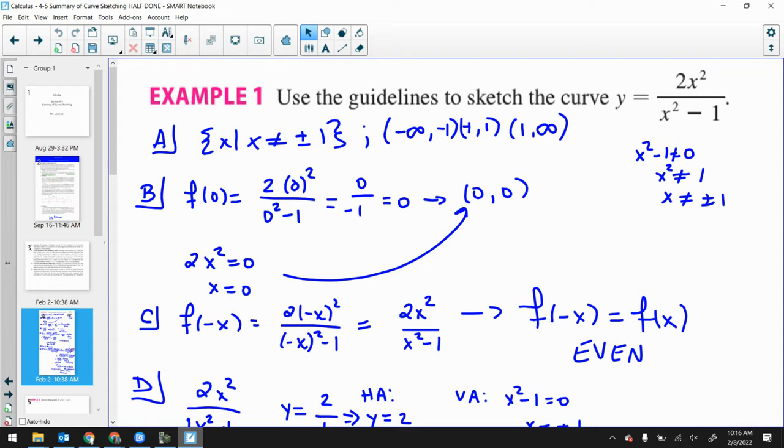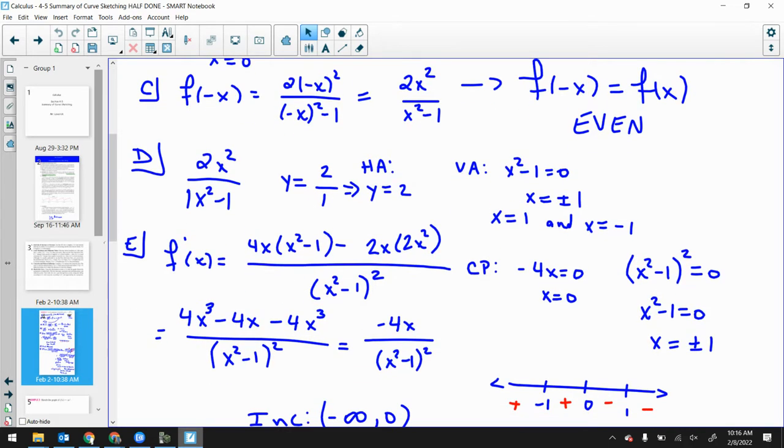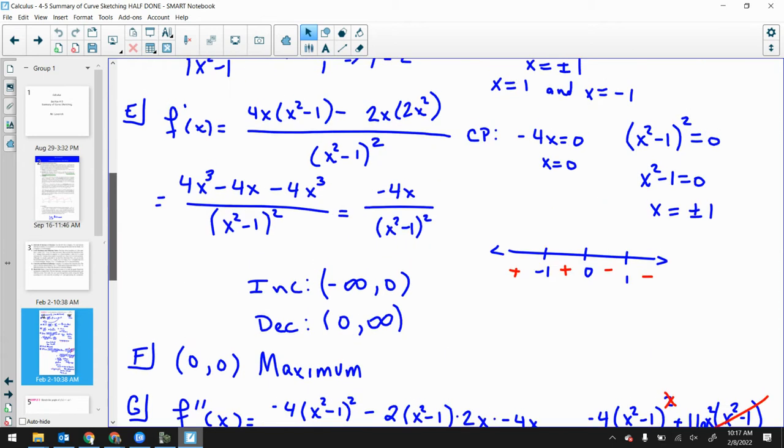So we were here. We had all of this information. We got the domain, everything but -1 and +1. We found the y-intercept, which is also conveniently the x-intercept, at (0, 0). We know that it's even, which means it's symmetrical about the y-axis. We know that there's a horizontal asymptote at 2, and two vertical asymptotes at 1 and -1. The critical points were -1 and +1. Oh wait, they didn't exist. But then again, at 0, so there's a maximum value at (0, 0).